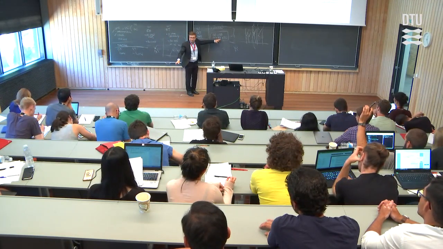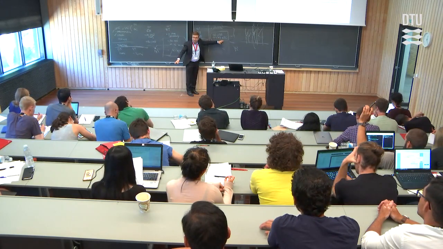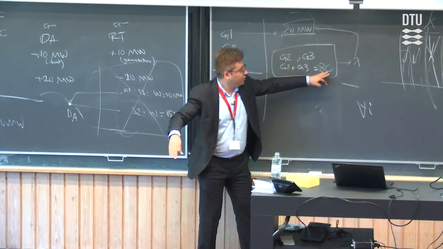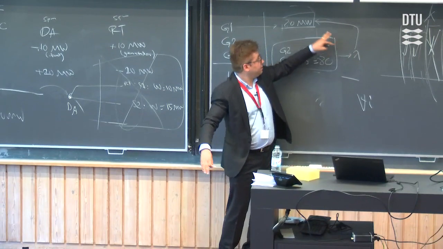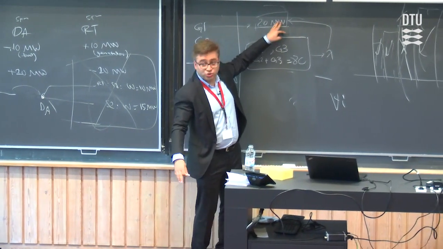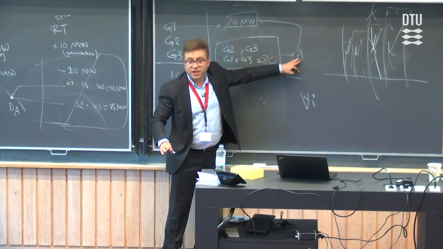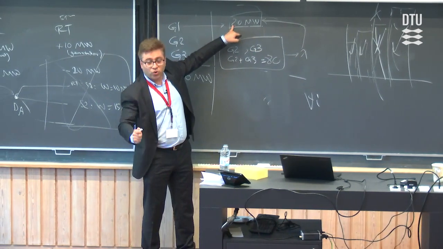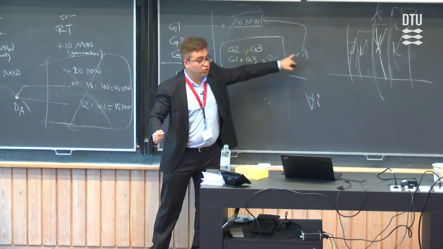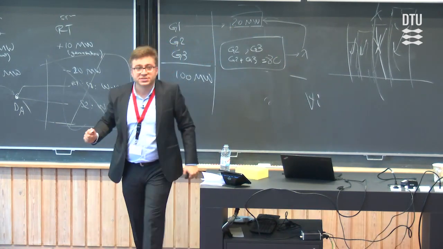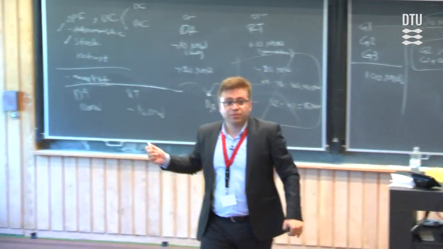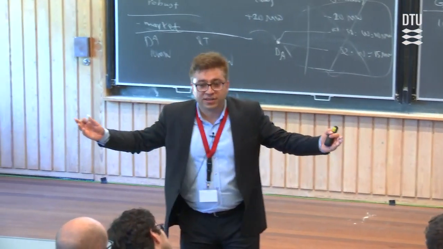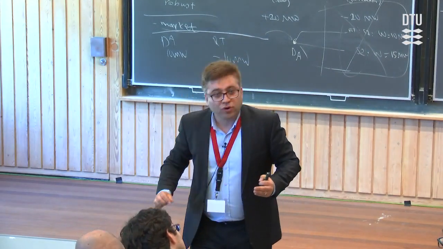For the rest of the generators and demand, we clear the market, we derive the market price, and we pay the self-schedulers or virtual bidders, whatever, at the price of the market. So this guy can fix its own quantity, but eventually will be paid the market price. We call it a stochastic decision maker or decentralized market, whatever. Let me call it self-scheduler.